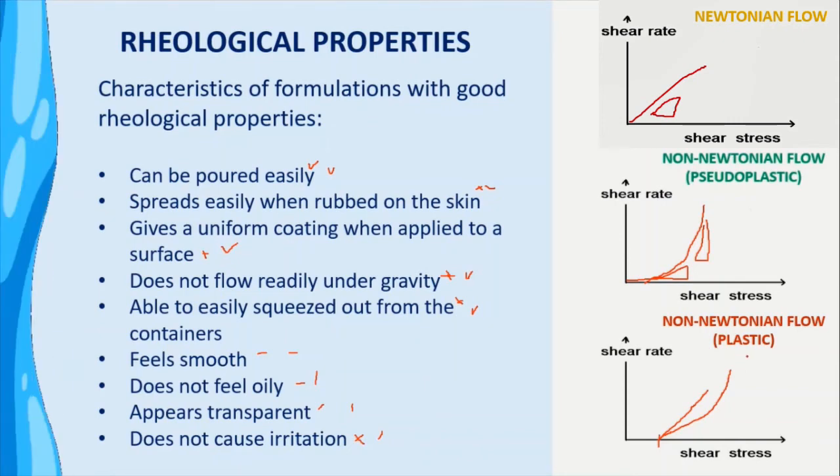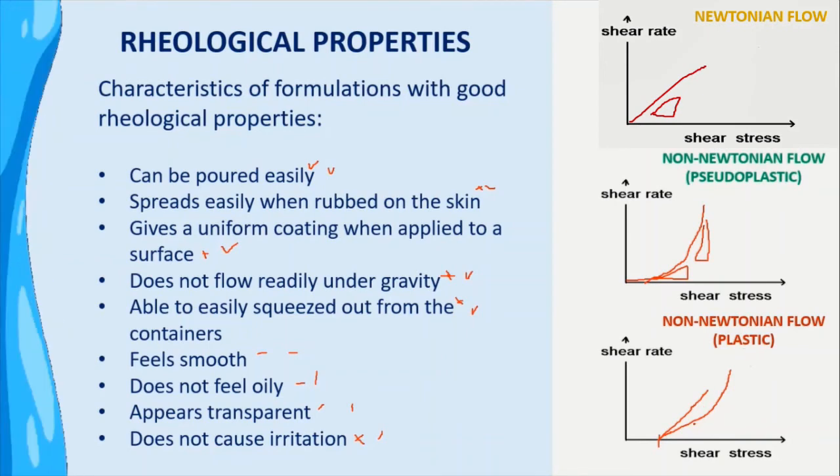With this, foam is easily forced out when stress higher than the yield value is applied. It allows spreading when you rub it with a stress value higher than the yield value.